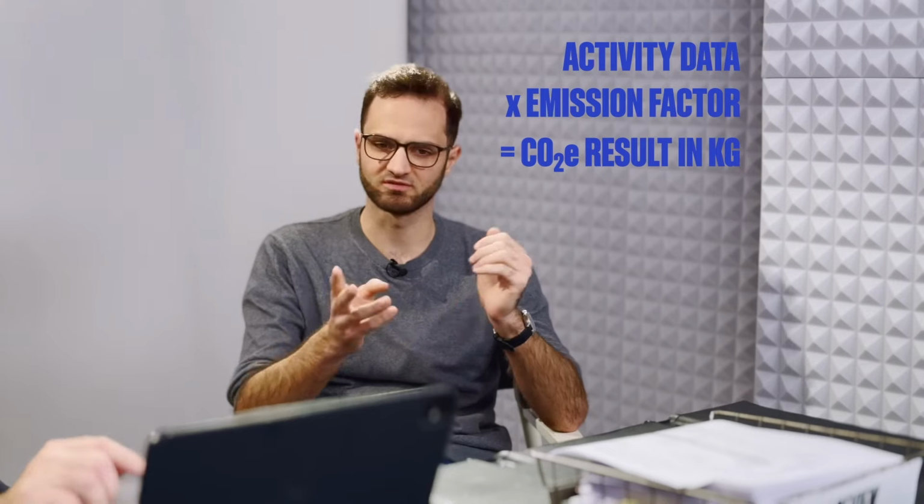But the emission factor is hard to get because you can't find them on the street. So we've put quite some research and modeling into creating or gathering these emission factors, and we gather them from different sources. We do our own modeling with our in-house R&D team, and of course they are all thoroughly researched.